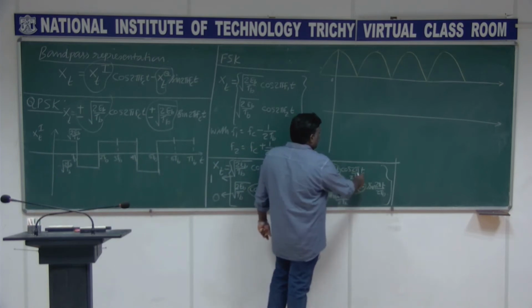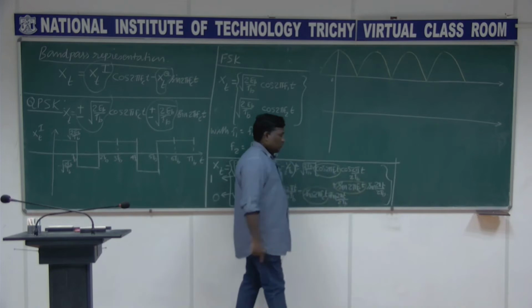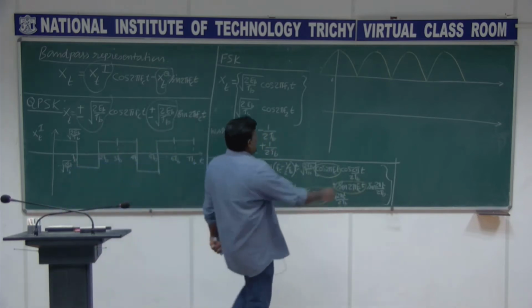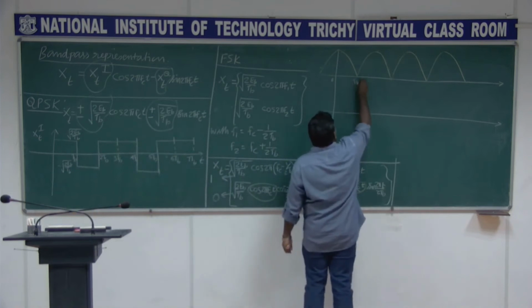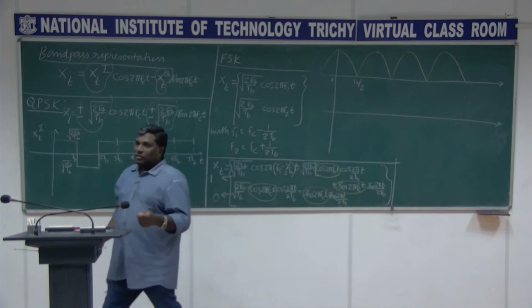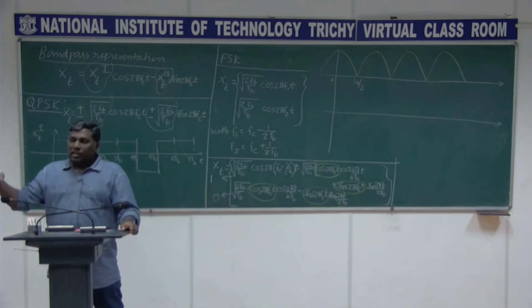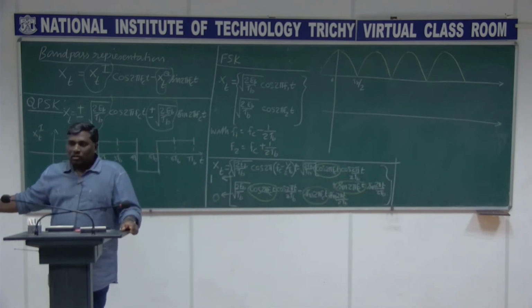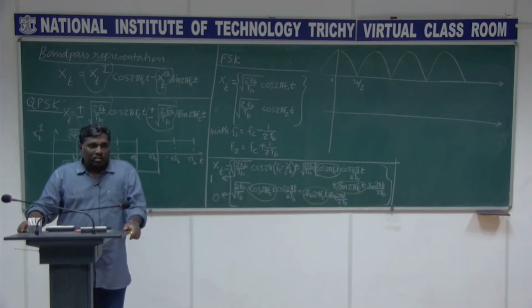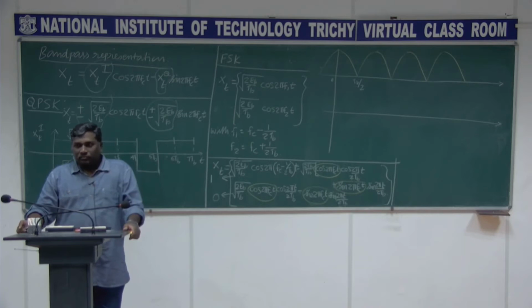When T by 2, right, you get 0, isn't it? So let us assume that this is the T by 2 point where it crosses, right, and you have the peak again, it goes to 0. I told you that once in TB it is plotted. TB is that duration, right?